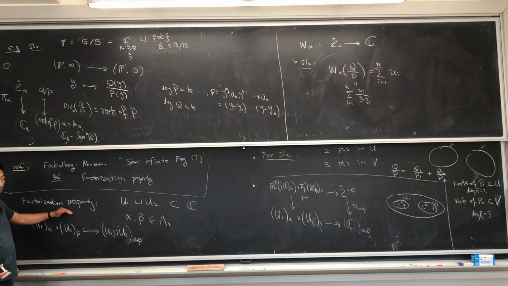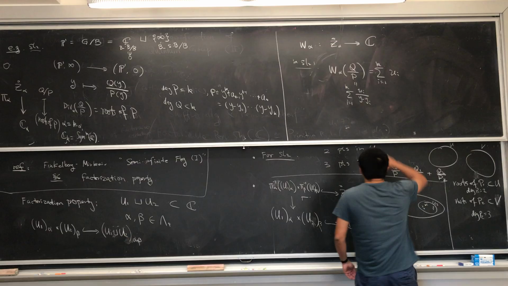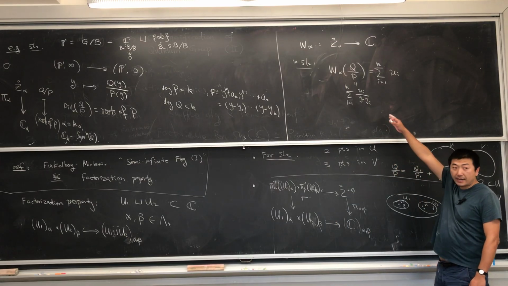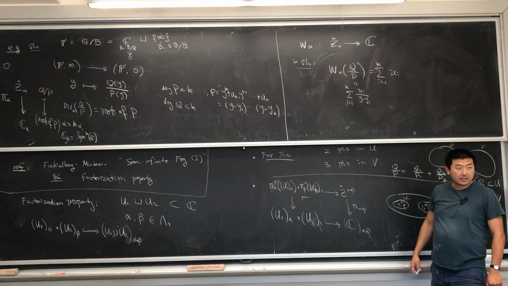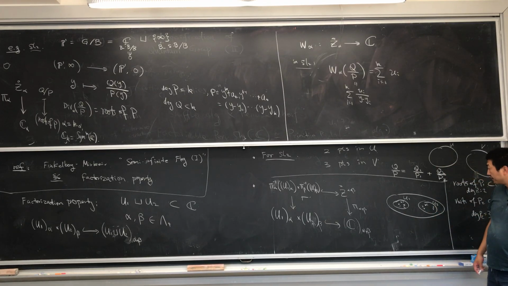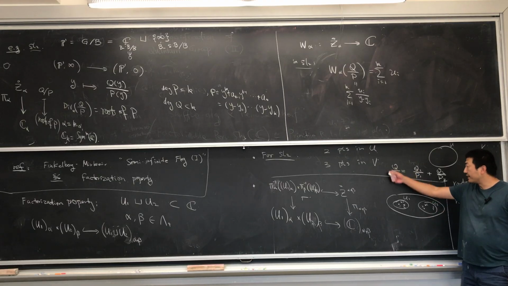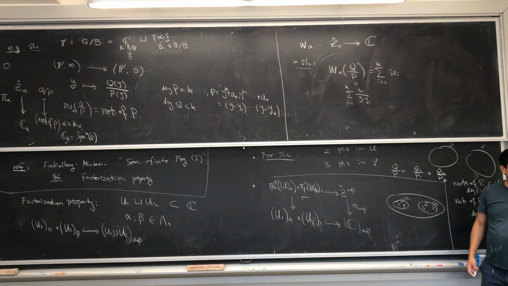Our superpotential luckily also has a factorization property. Recall that our superpotential is given by extracting the residue over each pole, and we take the total sum of residues. So the total residue of this polynomial is the sum of the residue of this polynomial plus this polynomial.